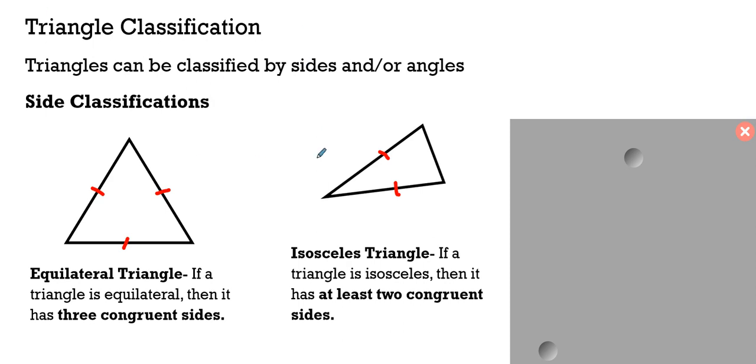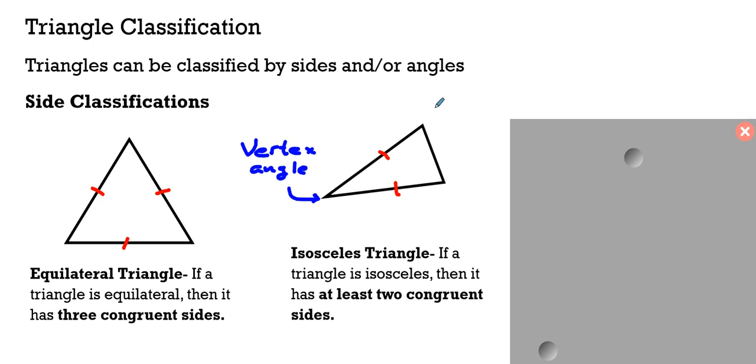And then a couple of vocab terms with this triangle in particular. This angle here that's formed by the congruent sides is called the vertex angle, right? If it's the angle formed by the congruent sides, it's the vertex angle. I'm going to trust that you can probably write that down without me writing it down.